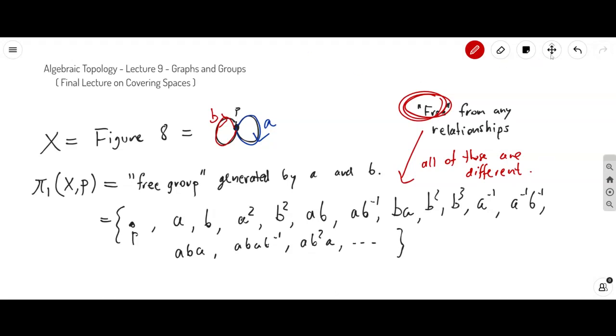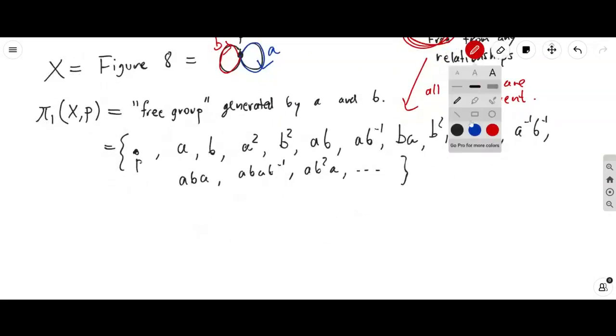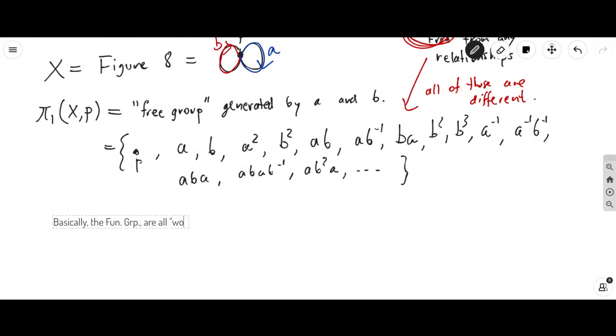That's what it means. So basically the fundamental group consists of all words, so words in quotation marks, so these are not English words, these are just symbolic words, that can be formed using the letters. I put letters in quotation marks because we're just doing this symbolically.